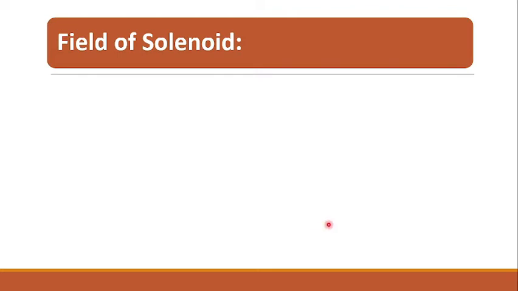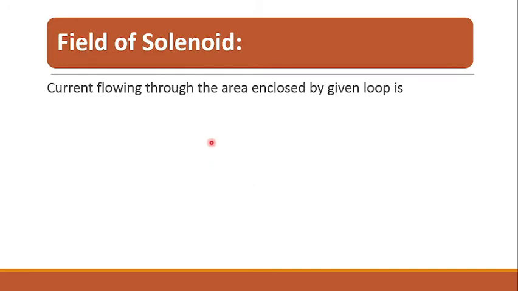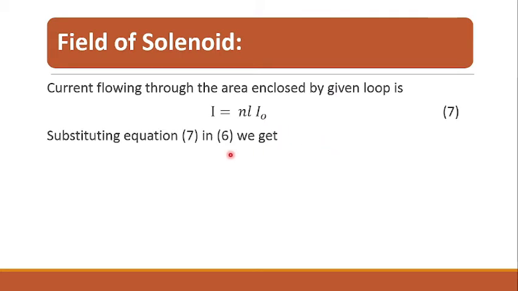And therefore the current flowing through the area enclosed by the given loop is I equal to nL into I0. Substituting equation 7 in equation 6, we get BL is equal to mu 0 nL I0, right?